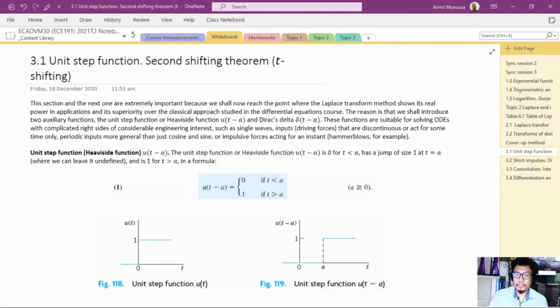Okay. At this point, we will discuss other properties of the Laplace transform, which are really usable in solving practical problems or real problems encountered in engineering practice.